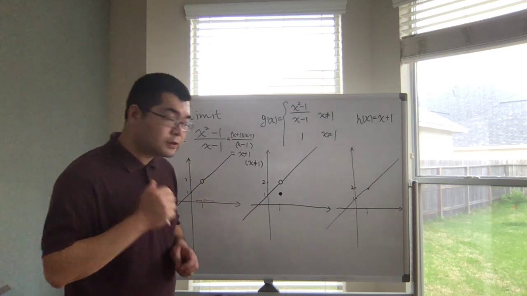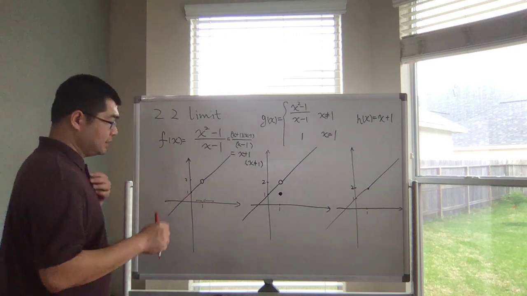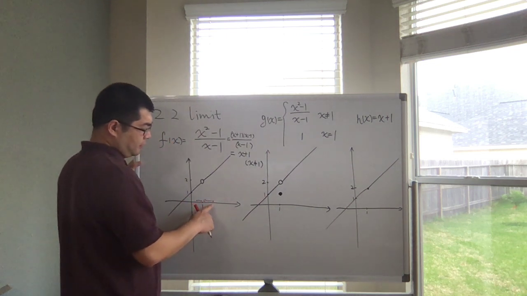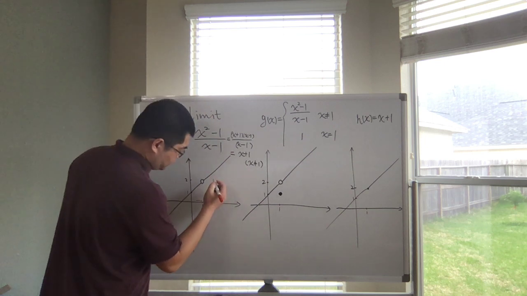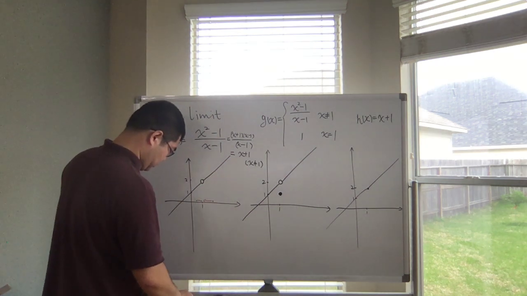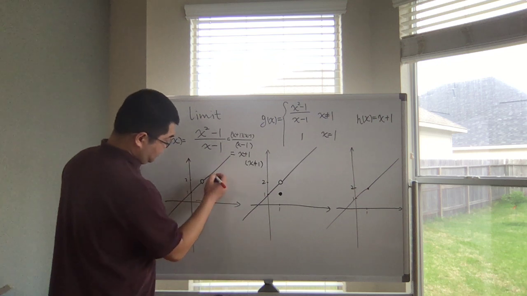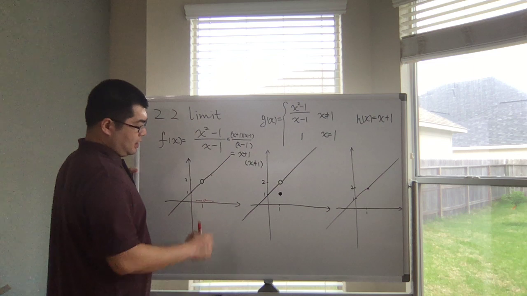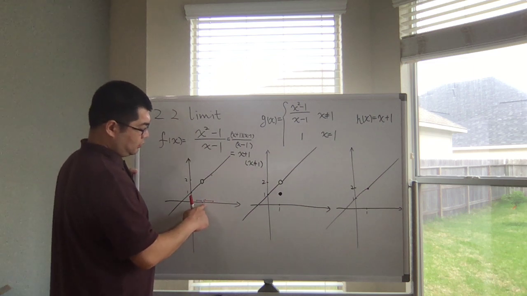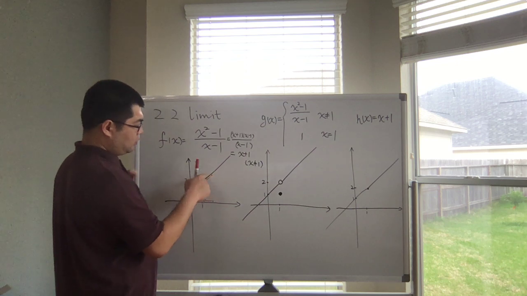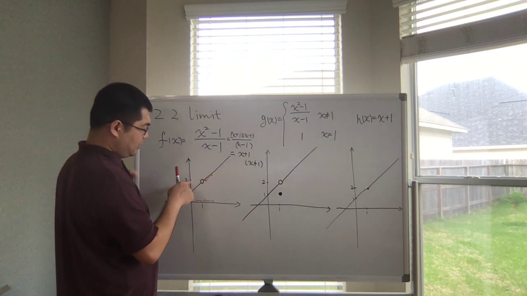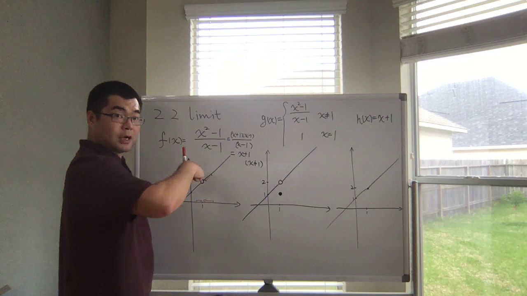Okay, so now let's see. If I start from a number greater than 1, and correspondingly, as you can tell, the corresponding y value is here, right? So label that. As x gets close to 1, do you see that my corresponding y value is approaching 2 from the top, right?